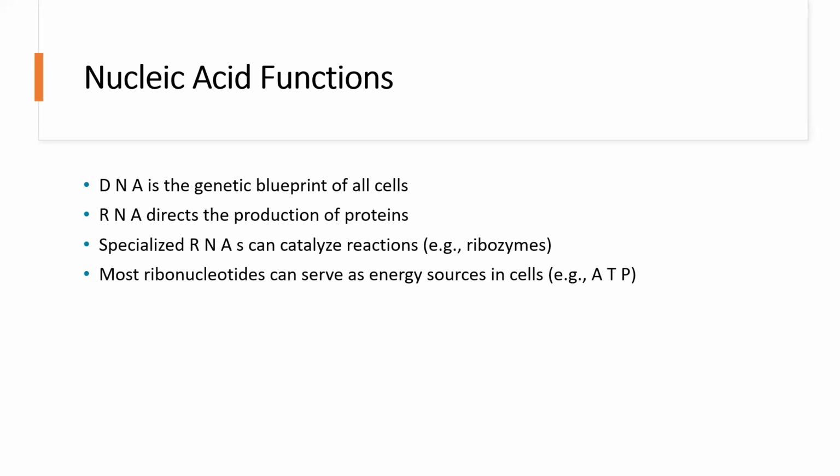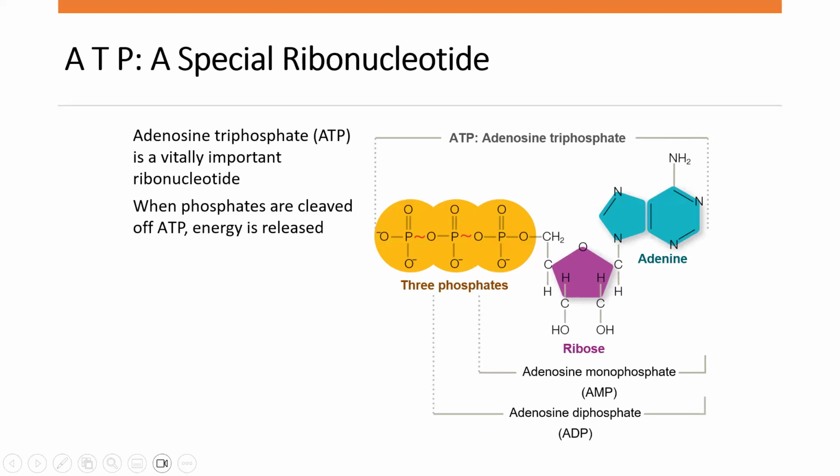And then, of course, there are special forms of nucleotides that can be used for energy, specifically ATP, which is adenosine triphosphate. So ATP is the primary energy currency of the cell. So we've got our adenine nitrogenous base connected to our ribose sugar, which we know because we have our two OHs here.